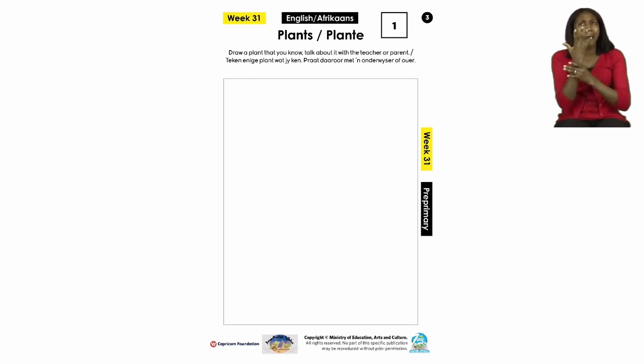It's going to be our job to draw a plant that we know, and then we talk about it with the teacher or our parents. I have a few plants that we can talk about together, and then after that I want you to try and draw some of them if you don't know any. Let's take a look at the board.